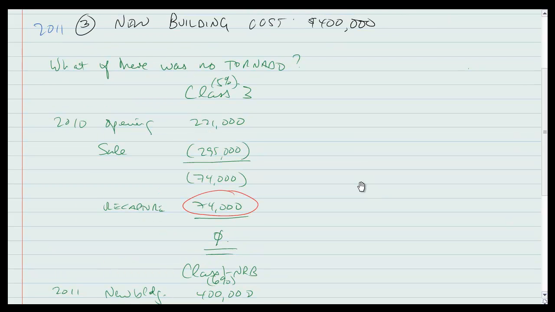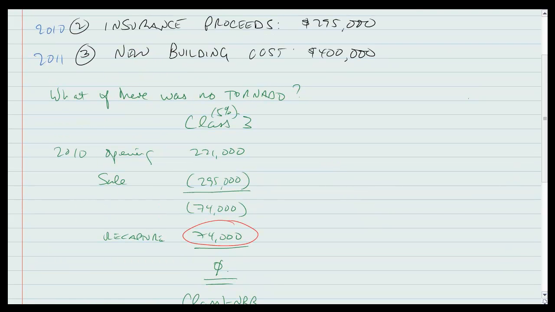This is what we call a voluntary disposition, so you chose to do it: you bought one and sold another. What the tornado does is impose upon the company an involuntary disposition, meaning you didn't really have a choice. The tornado came and took it away.